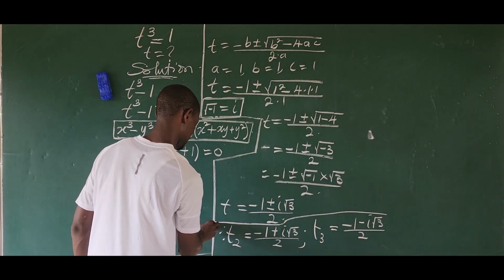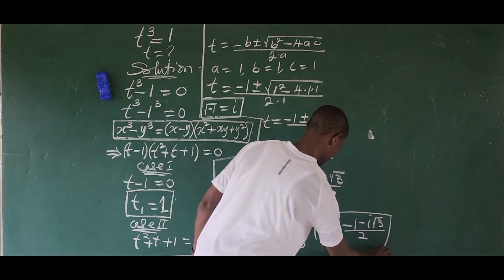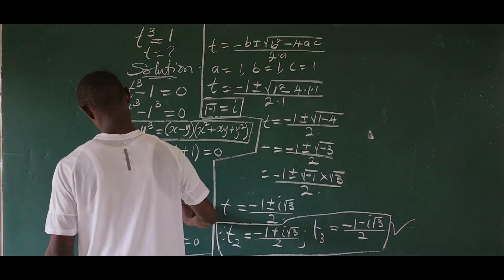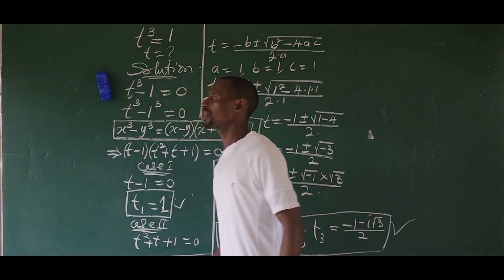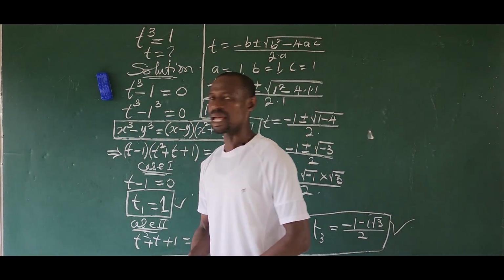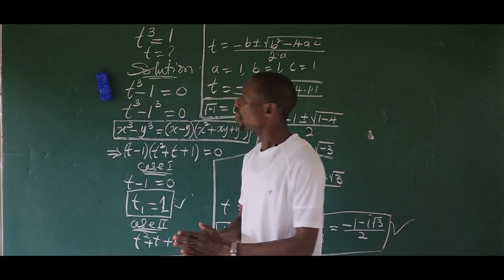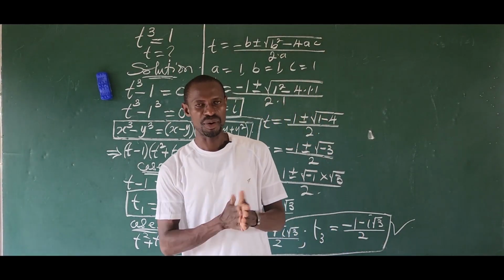All right, so let's write these out. These two values and 1 are the three roots to this third order, or third degree, polynomial equation.